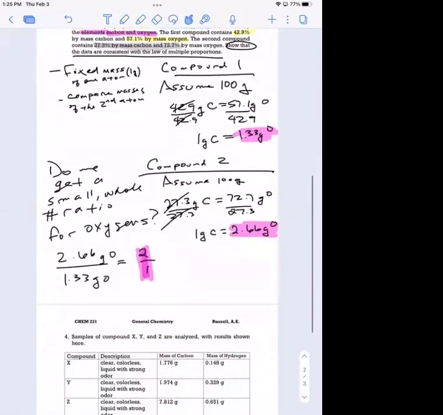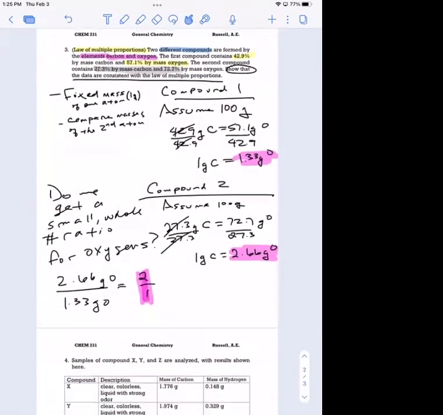And then multiple proportions, where we take the compound itself and the masses of each atom in the compound and take one of those masses and make it 1 gram. Then we find the mass of the second atom based on that 1 gram. And when we compare the masses of the second atom, we look for a ratio that's a small whole number. All right, let's go to the next one.